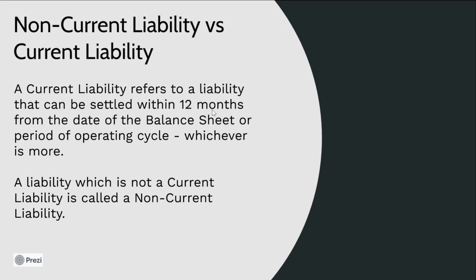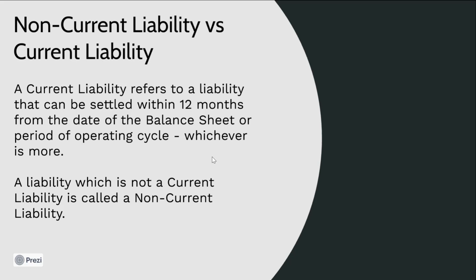So a liability which has to be settled within 18 months of the date of the balance sheet will be called a current liability, and a liability which has to be settled after 18 months from the date of the balance sheet will be referred to as a non-current liability. On the other hand, where the operating cycle is, let's say, 10 months, then the limit will be taken as 12 months or 10 months operating cycle, whichever is more.